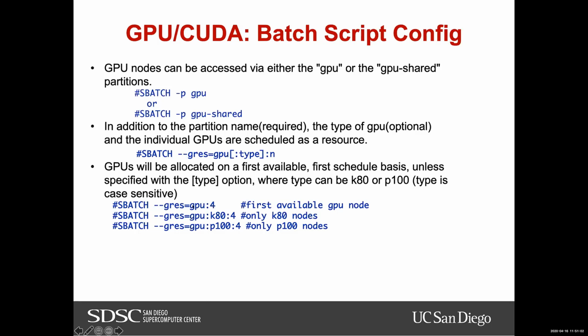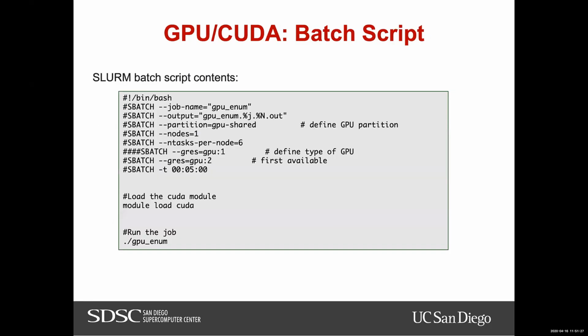And this little table down here tells you if I use gpu:4, that says give me the first available one, I don't care. And you can be sure on Expanse when we have V100s, people will care. They want their code on the faster nodes. Or if you want P100 or the K80s, it depends on your needs, but you can specify which flavor of GPU you want.